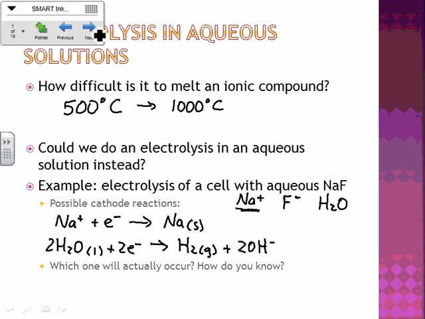Okay, now let's look at the reduction potential for both of those. The reduction potential for the sodium, Na plus going to solid Na, is negative 2.71. And the reduction potential for the water is negative 0.83.